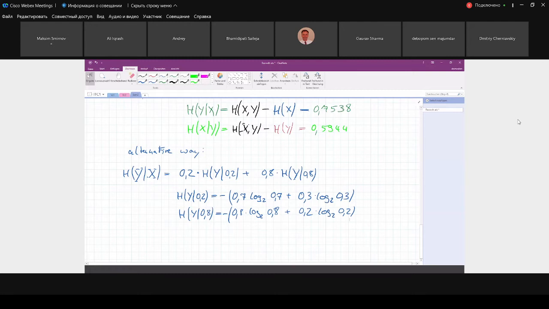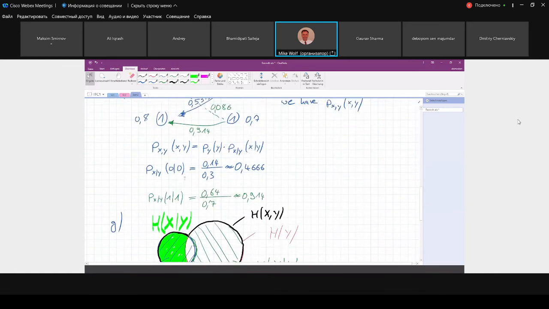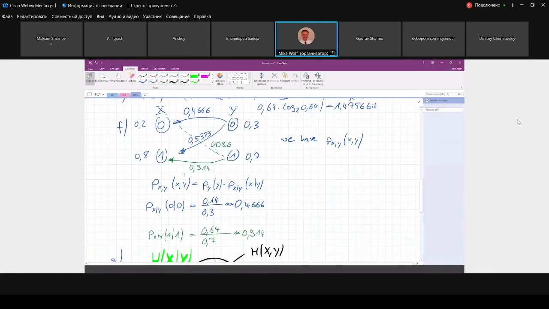Okay, and then I guess this is the last task. You can now insert this and compare it to this result. This is basically written in the task, but I don't think that we need to calculate this again. These values are known, then we multiply this with 0.2. This value we can take from here.